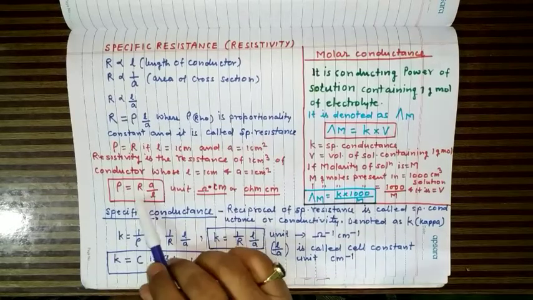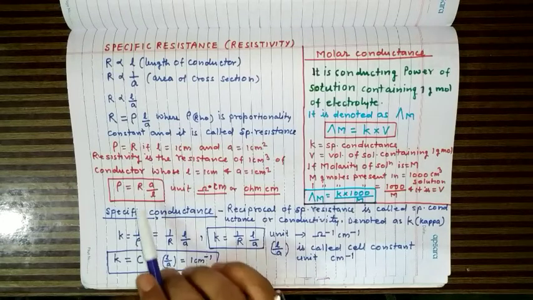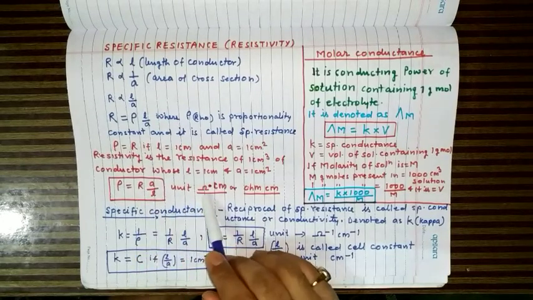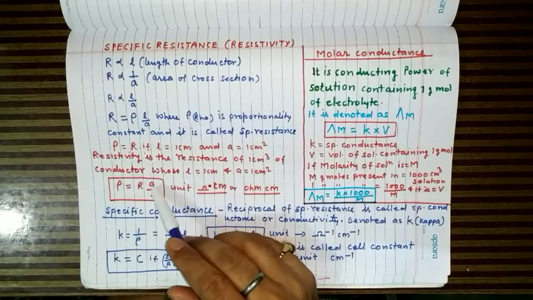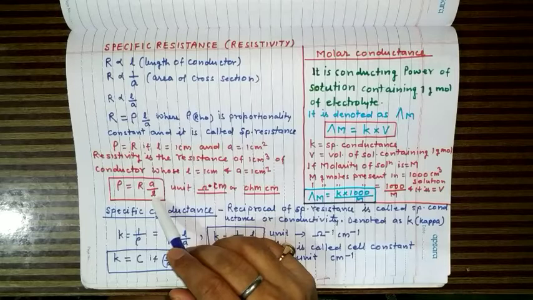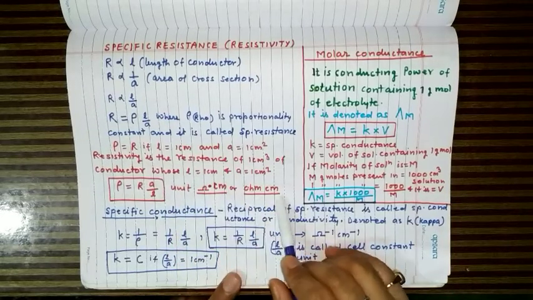So rho equals R A by L. Now its unit. Resistance is measured in ohm, area in centimeter square and length in centimeter. So this will be ohm centimeter.